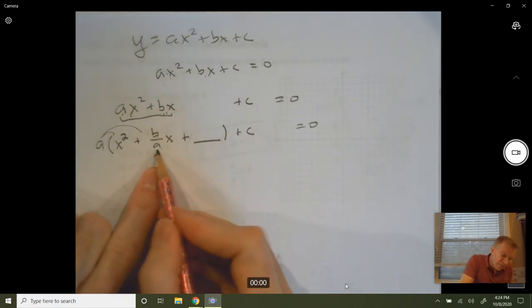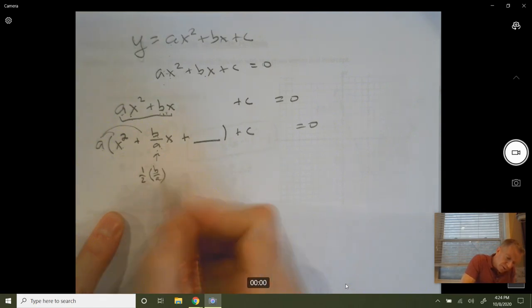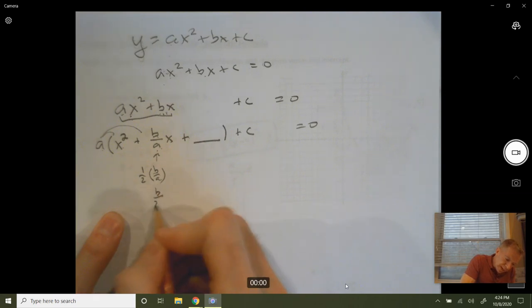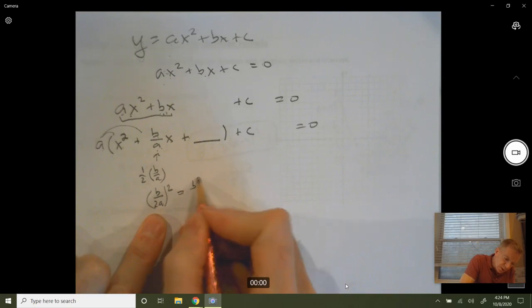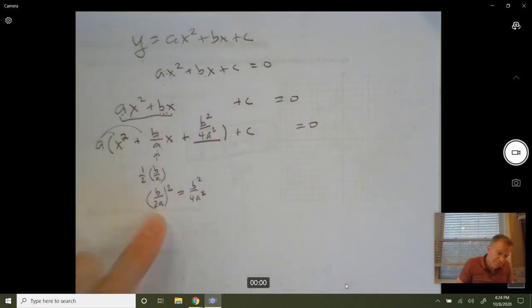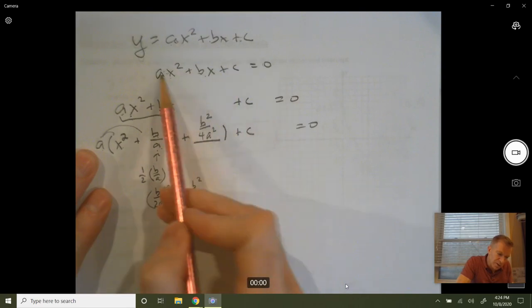We take 1/2 of it, 1/2 of b over a, which is b over 2a. And then we square it. So we get b squared over 4a squared. Remember, a and b are just constants. They're the constants that you see in your quadratic equation.